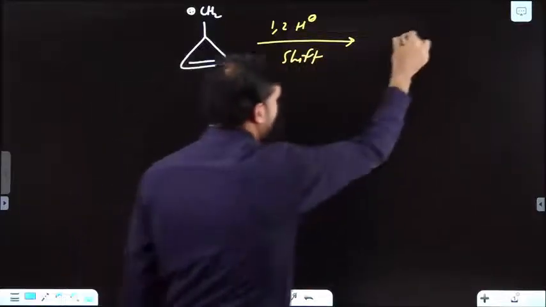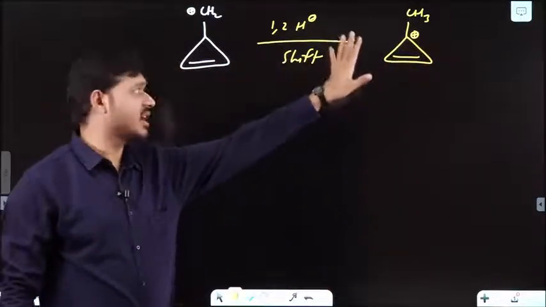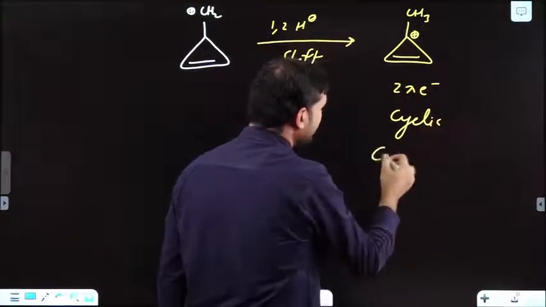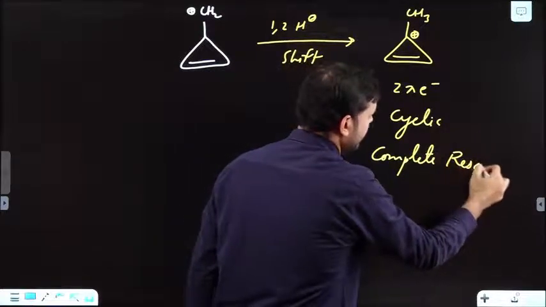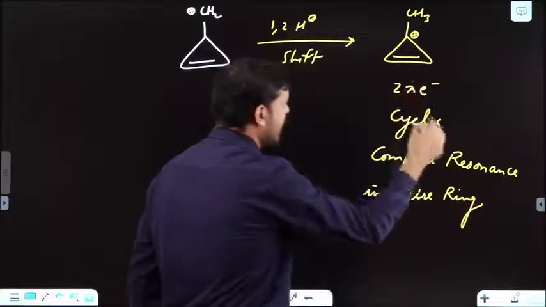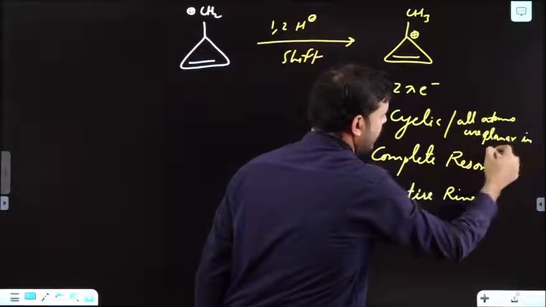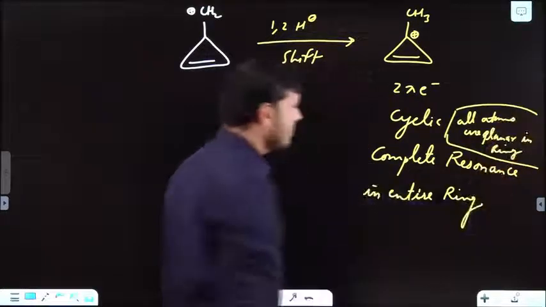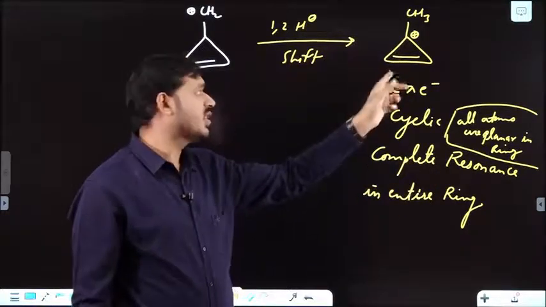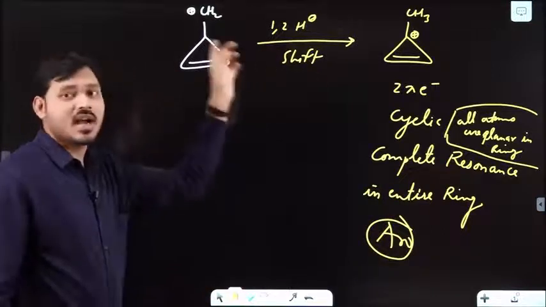From this shifting, this will become CH3 and this will become the plus charge, and in this case the ring becomes aromatic due to 2 pi electrons. The ring is cyclic, all atoms are planar, sp2 hybridized, with complete resonance in the entire ring, and complete delocalization of pi electrons. 2 pi electrons, so it is aromatic. So students, in this case hydride shift is possible.